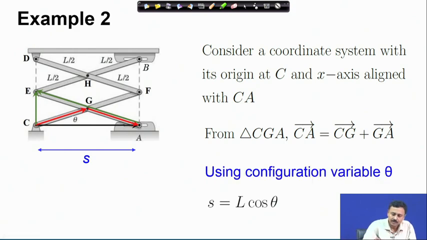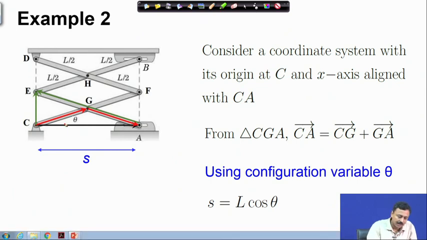We use this variable theta, this angle, therefore, this displacement S is equal to L cosine theta, where L is the length of this link. So, S equal to L cosine theta.